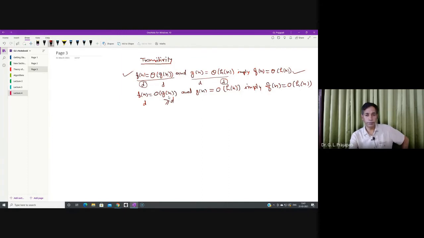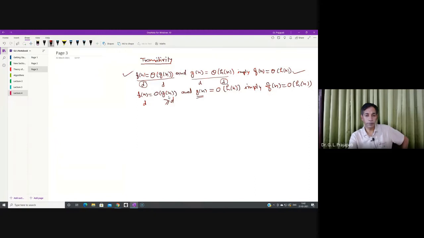So here also, the degree of g of n may be equal to d or greater than d.